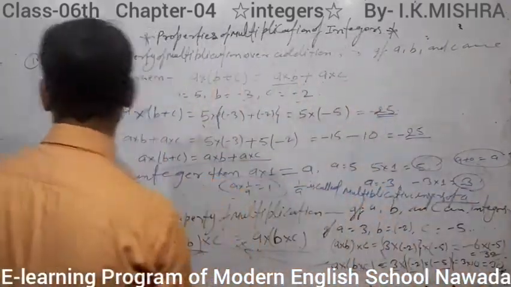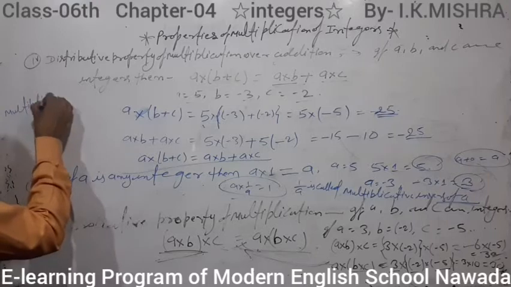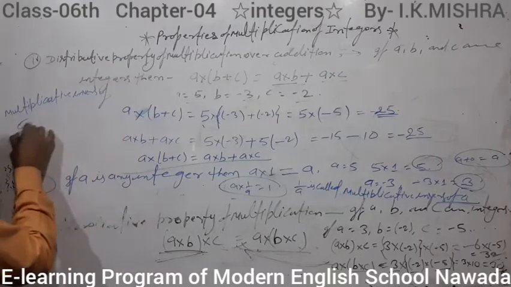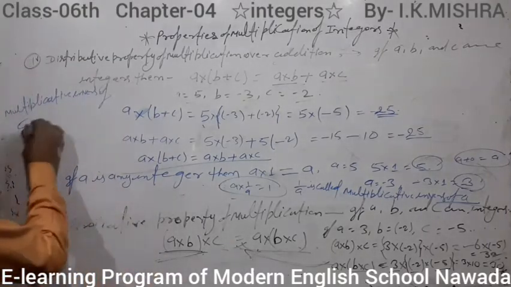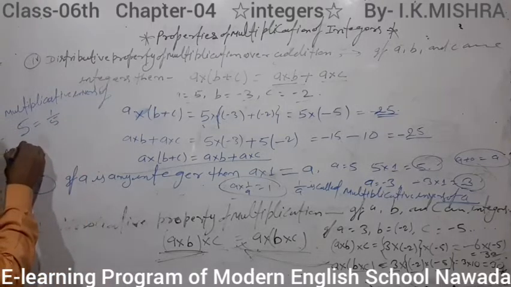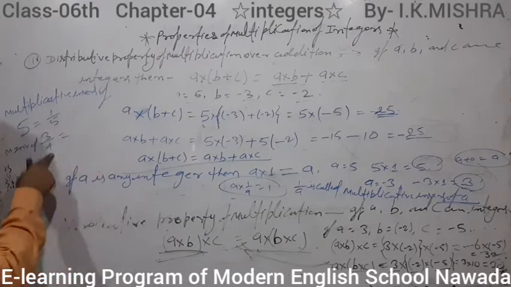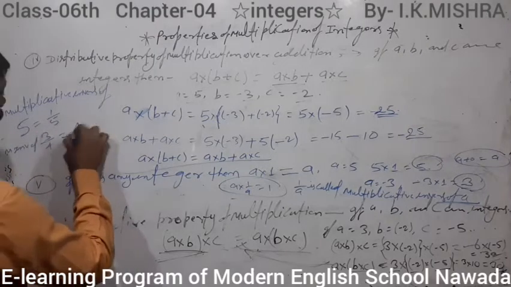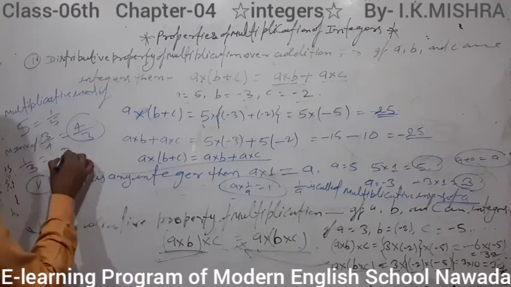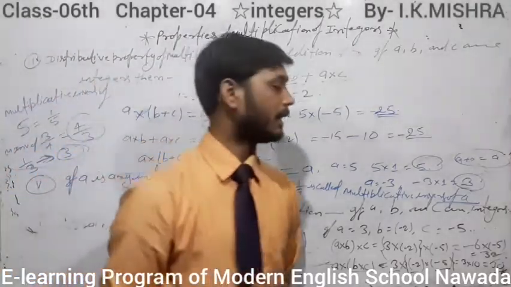Suppose you have to write the multiplicative inverse of 5. The multiplicative inverse of 5 is equal to 1 by 5. Now the multiplicative inverse of 3 by 4: here 3 by 4 is written, so you have to write 4 by 3. The multiplicative inverse of 1 by 3 is 3. Clear students? Now you can write the multiplicative inverse.